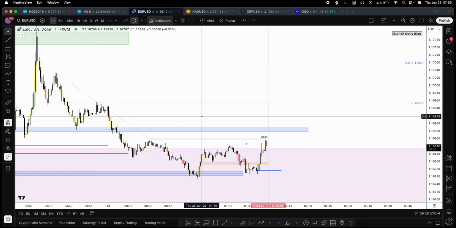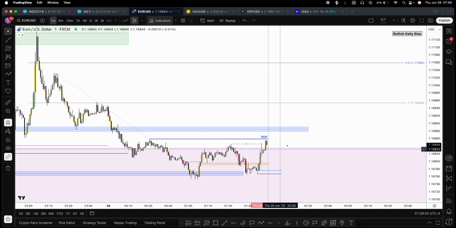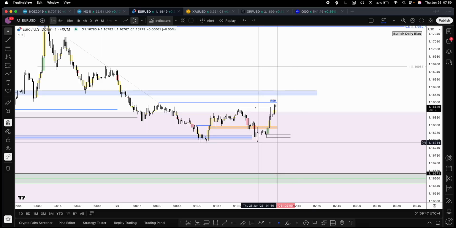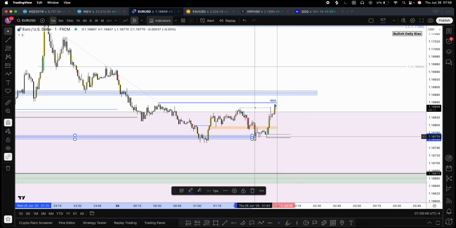Generally, things on higher time frames are more significant than things on lower time frames. Something on the 1 hour is more significant than something on the 5 minute, something on the daily is more significant than something on the 1 hour, just because it's longer term, it's bigger picture.